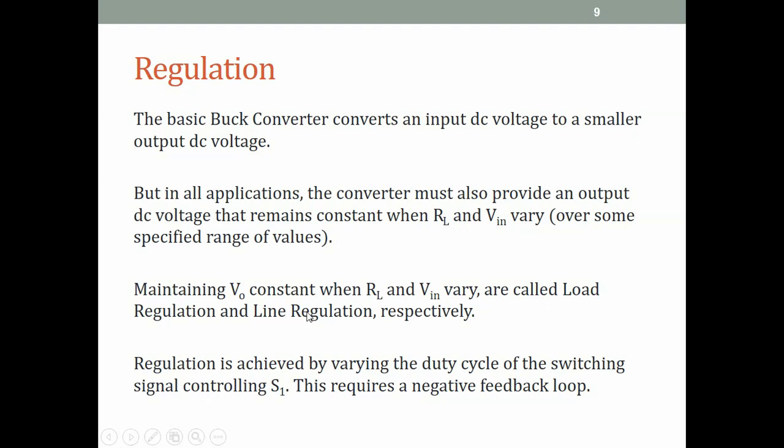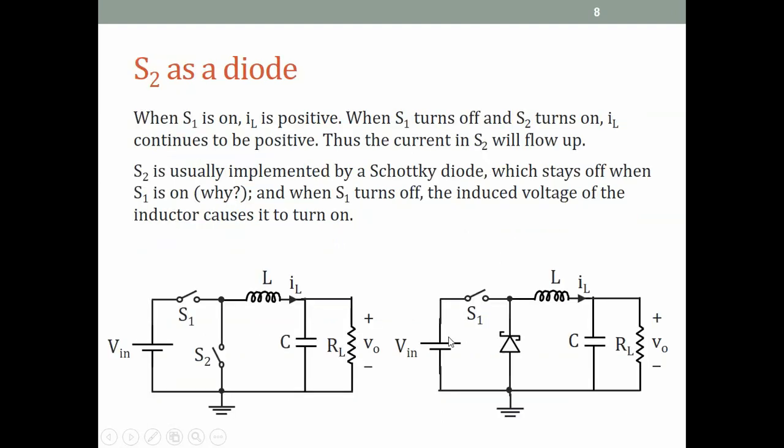Line and load. So in this circuit, how can we change the output voltage? Let's say RL changes and we want to maintain VO constant. So what else can we change in this circuit to bring back VO to its original value? Well, what we change is the duty cycle of S1, the turning on and off of S1, as we saw last time.